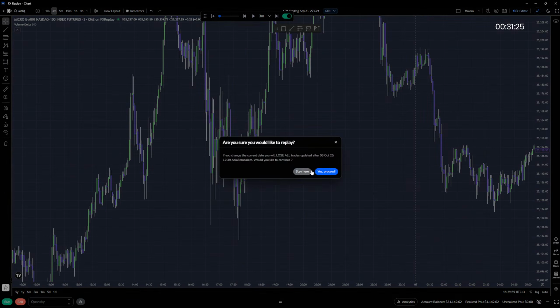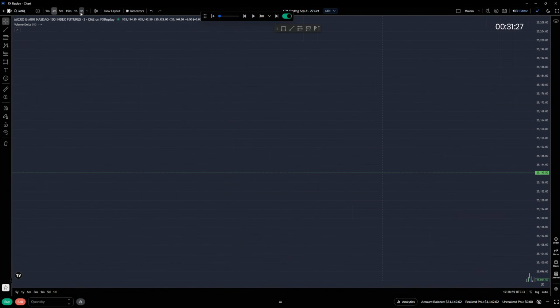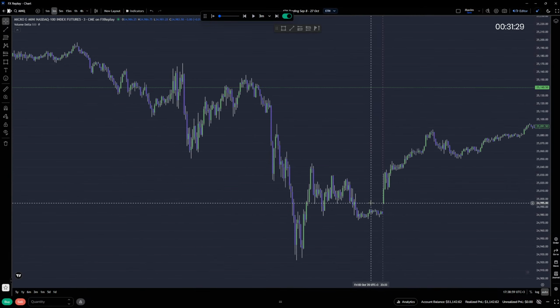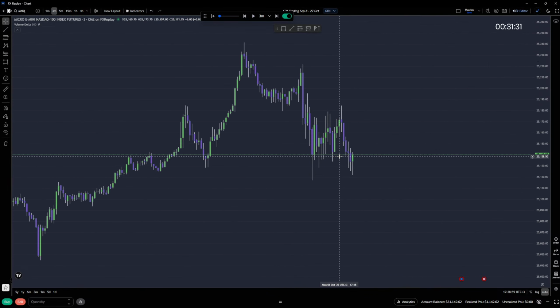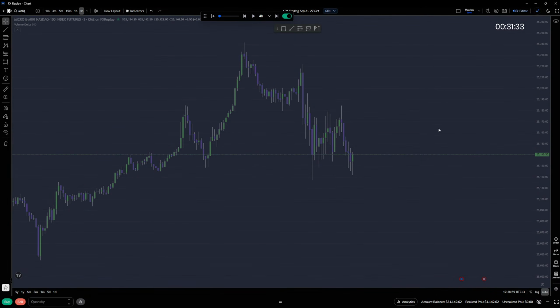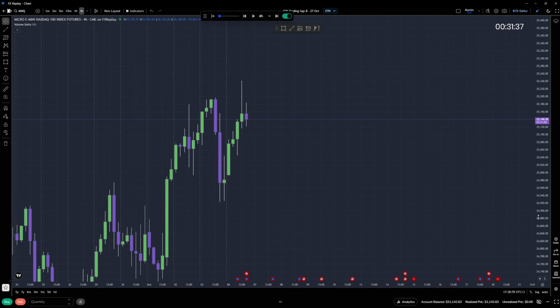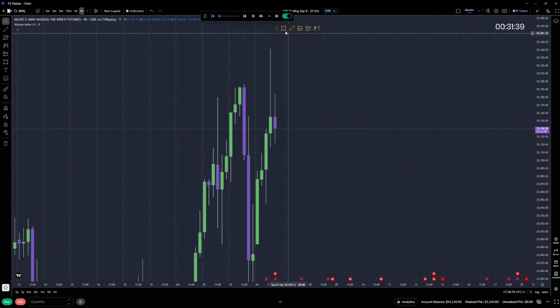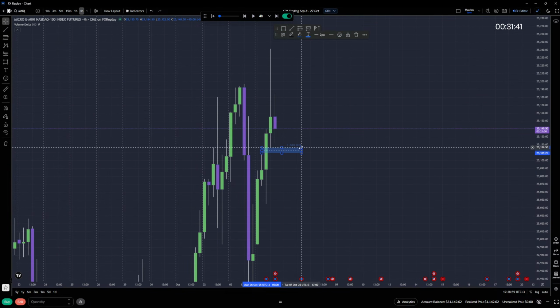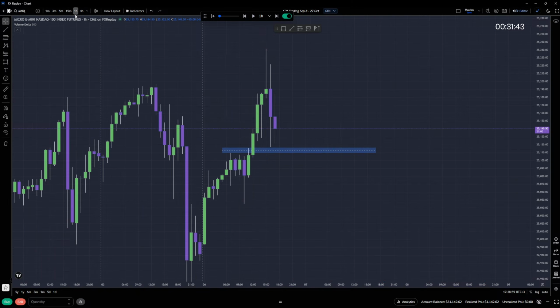Okay, we had this short of open. Are we in the 4-hour drawn liquidity? No, we have this gap. So I'll be looking higher.